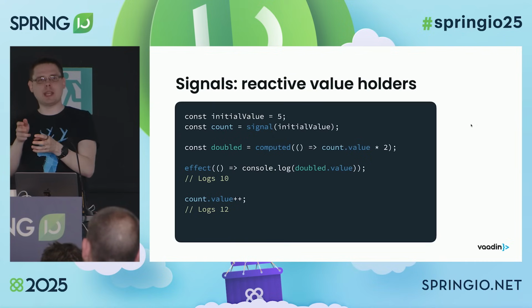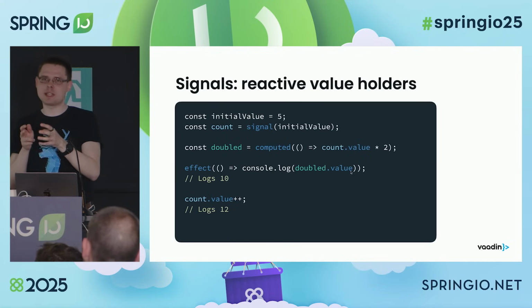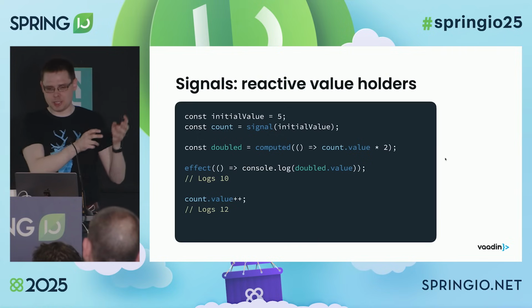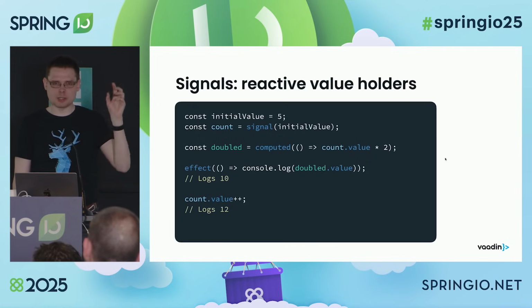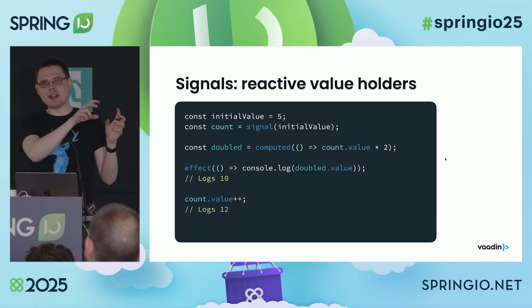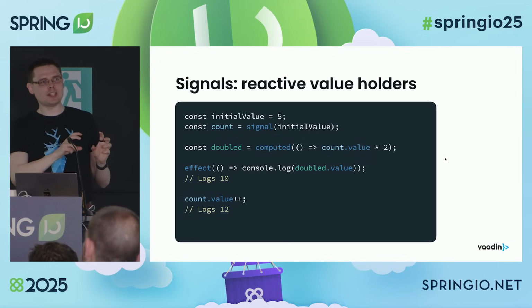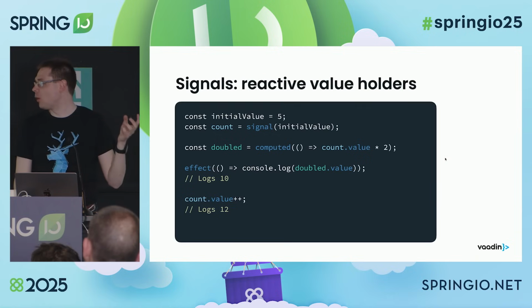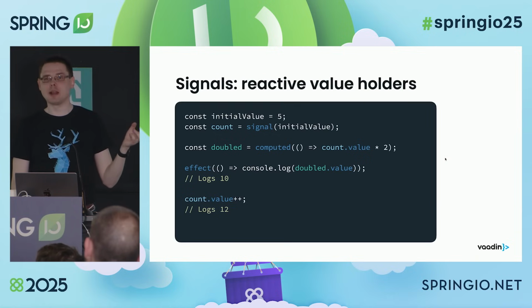So then it runs again because it has dependencies and so on. It produces a new value, which is, well, 5 plus 1, so 6 times 2. And then because that value changed, it invalidates the effect. So then the effect is run again, and then that logs the current value of the signal, which is 12.